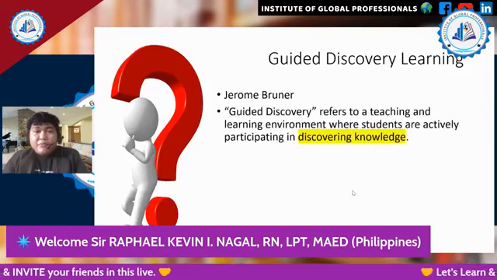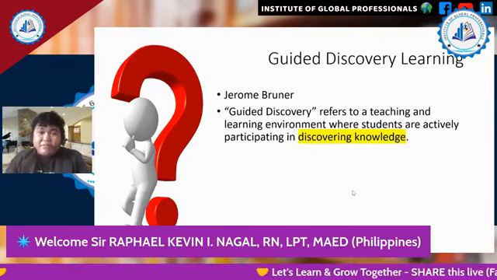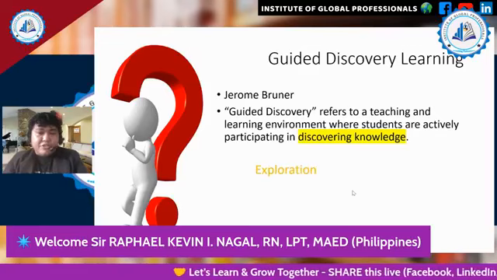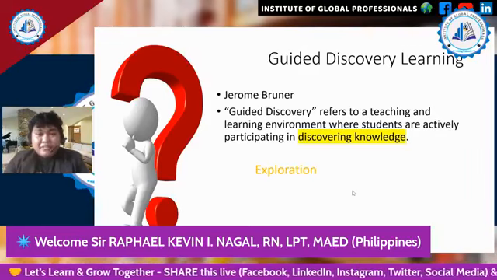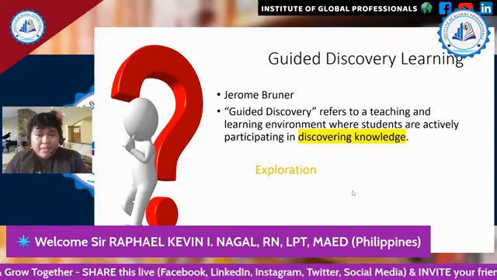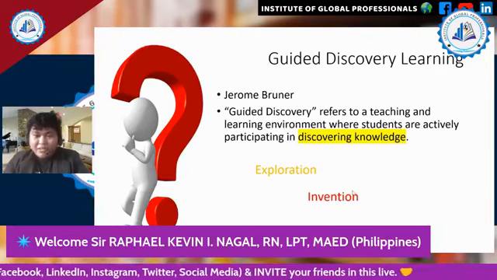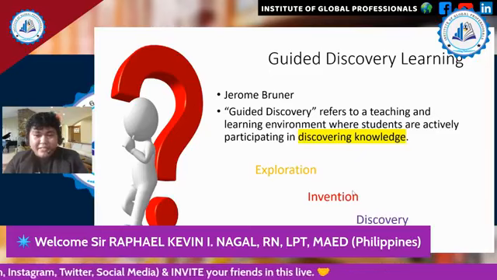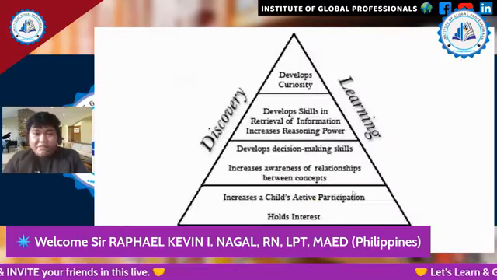Now, Jerome Bruner also promulgated guided discovery, which is about discovering knowledge. This motivates an individual to explore, and based on the exploration, invention follows out of necessity. And finally, discovery of knowledge is identified.